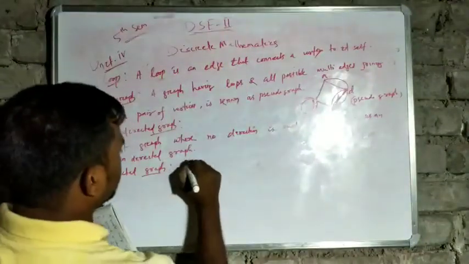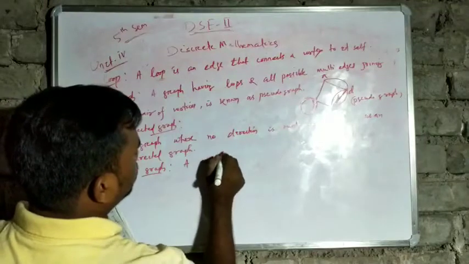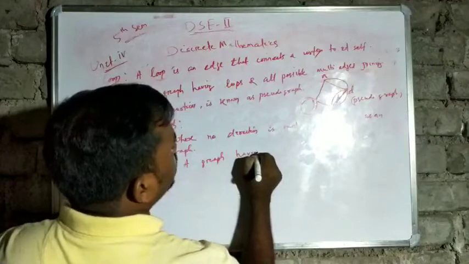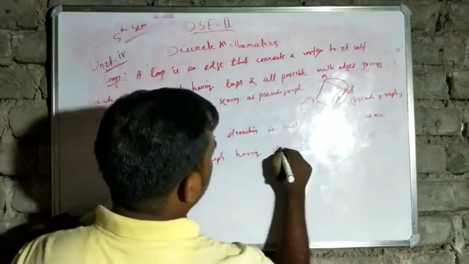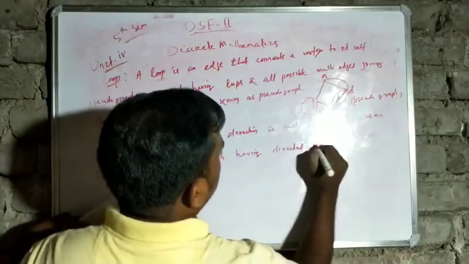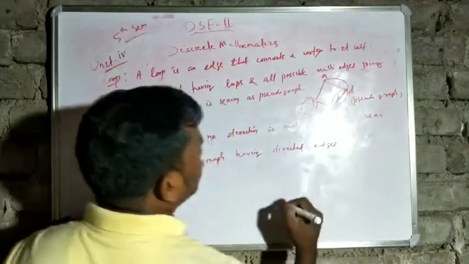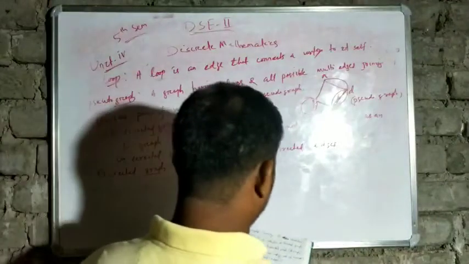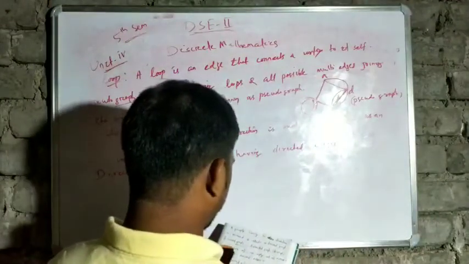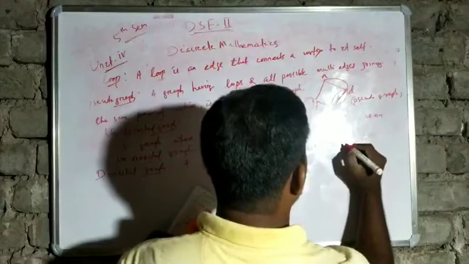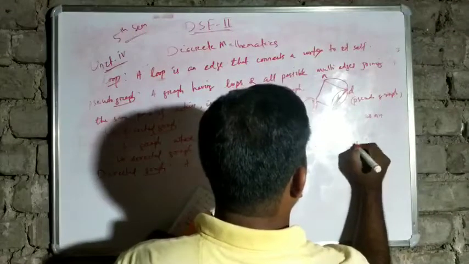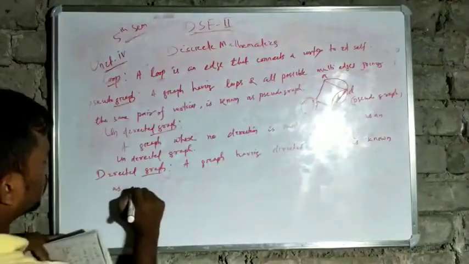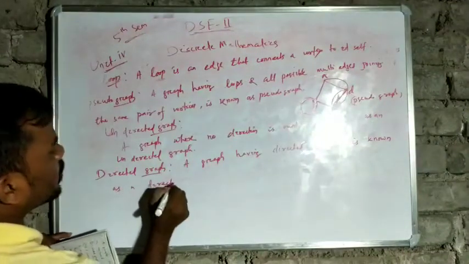A graph having directed edges is known as a directed graph or digraph.